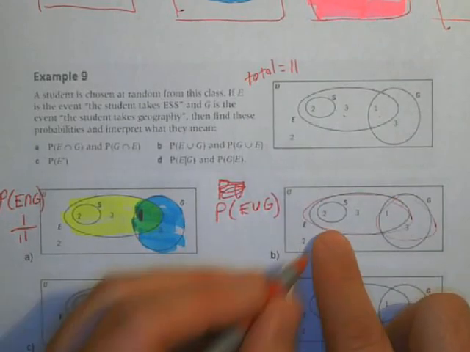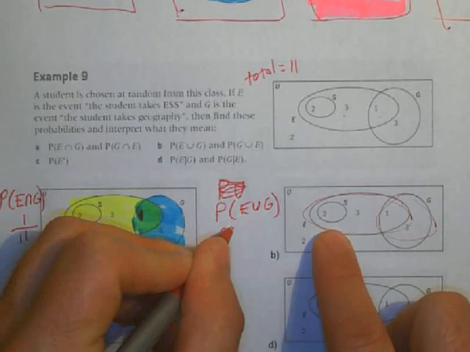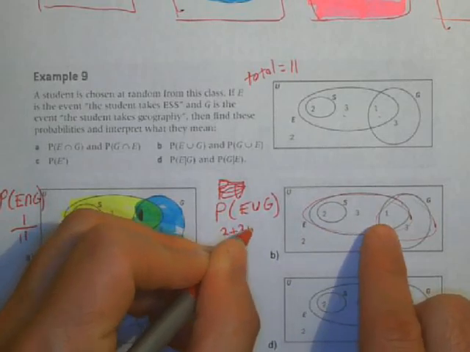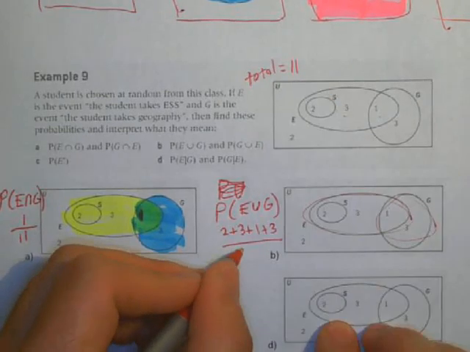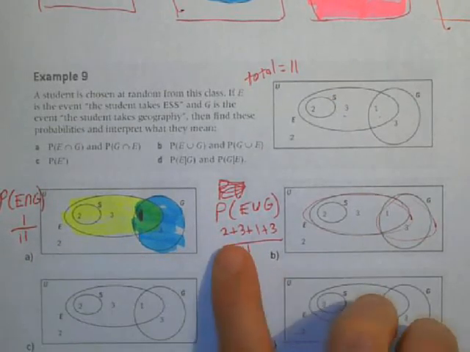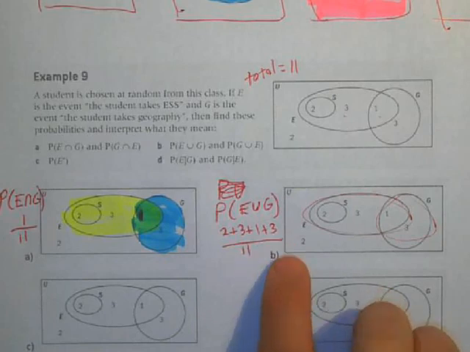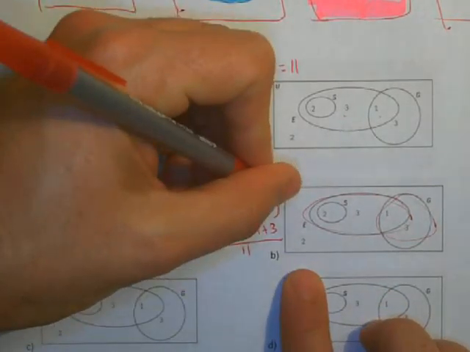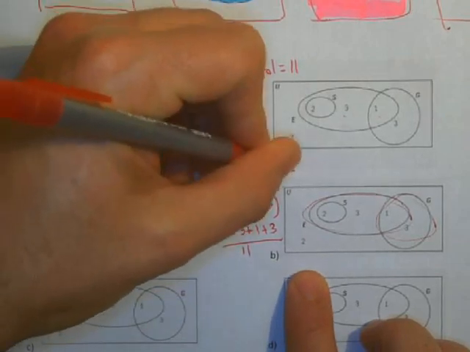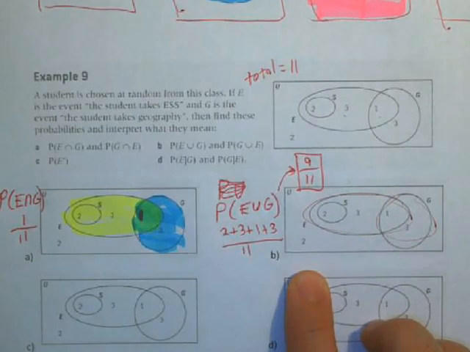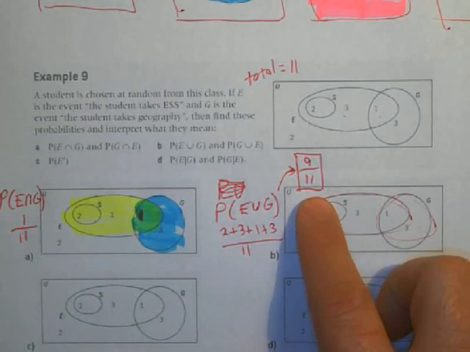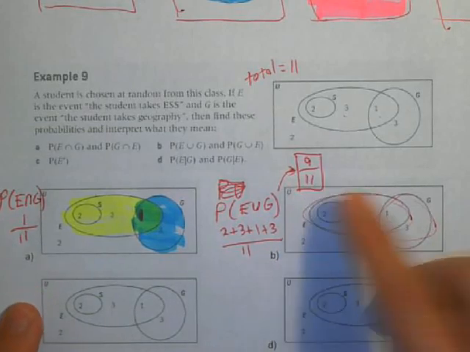So I've got 2 plus 3 plus 1 plus 3 all over our total, which is 11. 2 plus 3 is 5, and 5 and 4 is going to be 9. So this is equal to 9 over 11. You just leave your answer as a fraction. As you know, probabilities are between 0 and 1. If you get an answer greater than 1, then that doesn't make sense for probability.